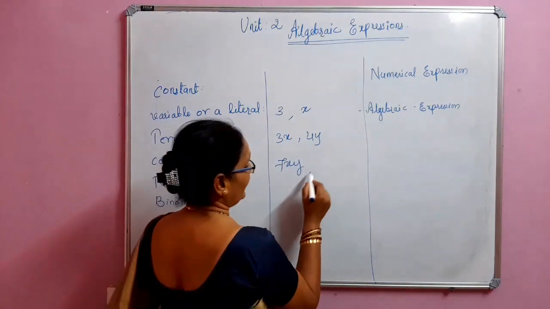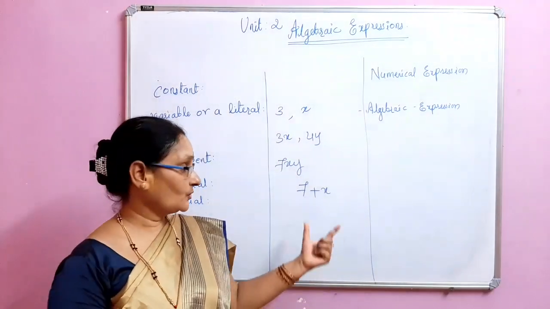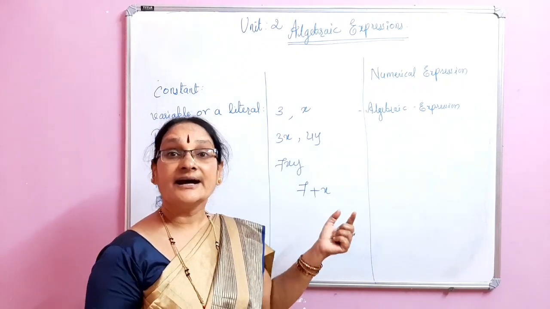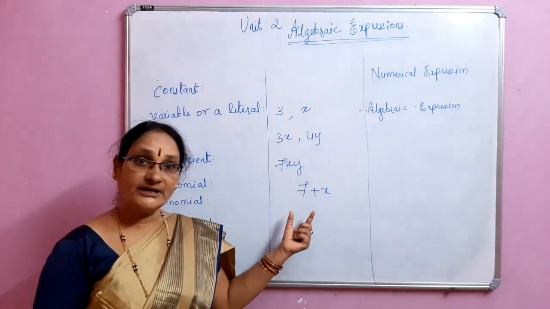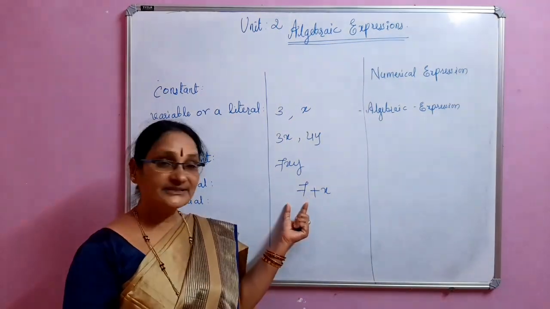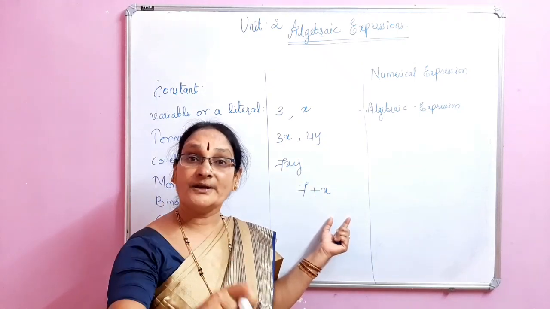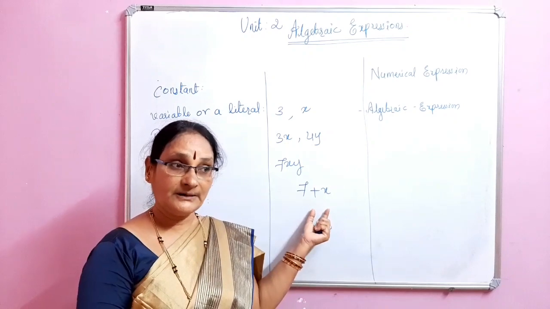But sometimes 7 plus x will come. No, this is not a term. This is called an algebraic expression. An algebraic expression is a combination of terms and constants along with arithmetic operations, for example plus, minus, division, multiplication.